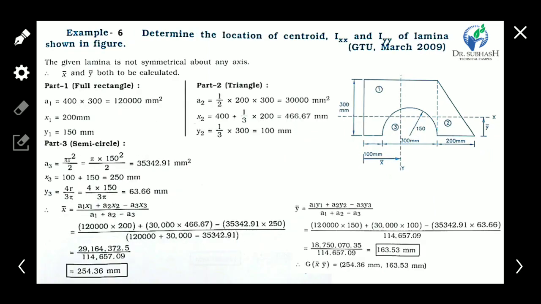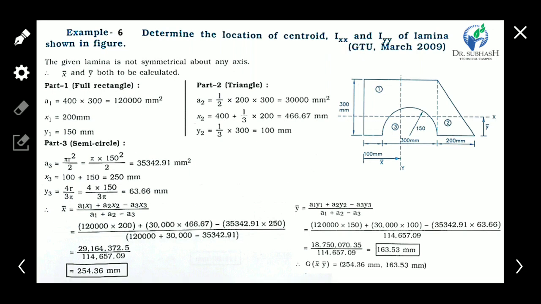Okay, now the same sum is given, the same area is given, but a little bit different from the last sum. The moment of inertia is to be found about the XX axis and YY axis for the given area or lamina. Dimensions are the same, everything is the same, but we have to find the moment of inertia not about the base but about the XX and YY axes passing through the CG of this area.